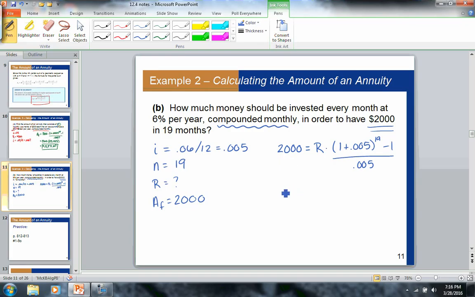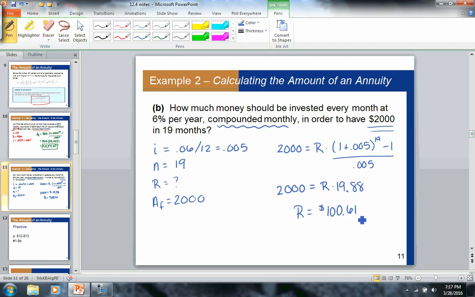Okay, we'll have 2,000 equals R times 19.88 if we rounded. And then I'll take 2,000 and I'll divide by that amount. And then for my R value, I'll get 100.61 if I round.